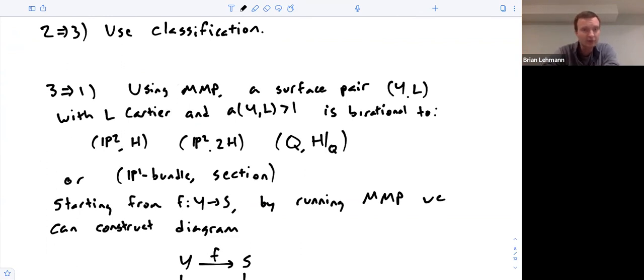Just by running the surface MMP, you can prove that either they're birationally equivalent to P2 with the hyperplane class or twice the hyperplane class, or it's a quadric with the restriction of a hyperplane, or we have a P1 bundle equipped with a section. So our big and nef divisor is a section of the P1 bundle.